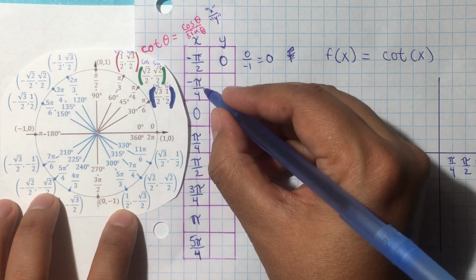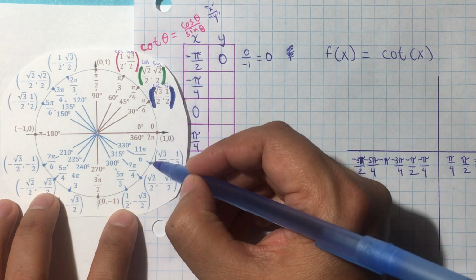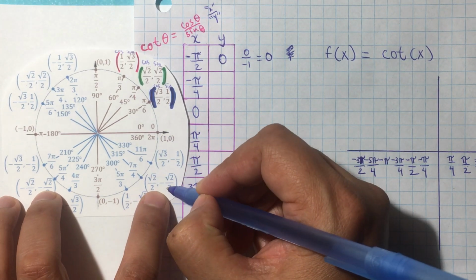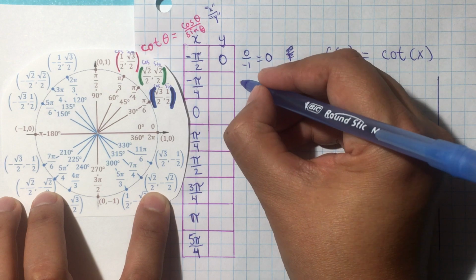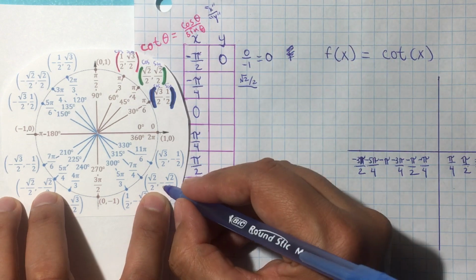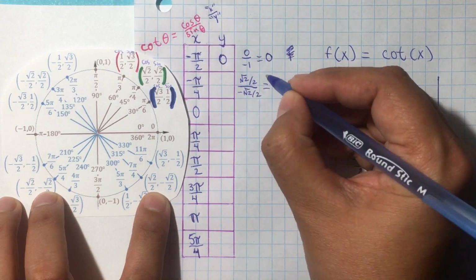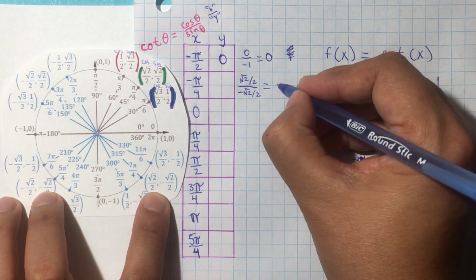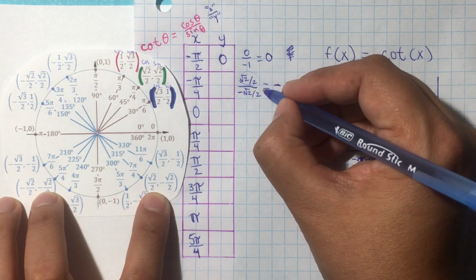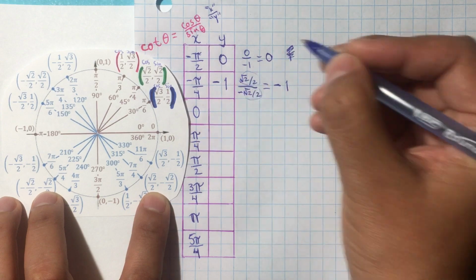And so for the next one is negative pi over 4. So -1/4 of pi is right here. And it's going to be positive square root of 2 over 2 divided by negative square root of 2 over 2. Positive divided by negative is negative. The same thing being divided by itself is a 1, so it's going to be -1.